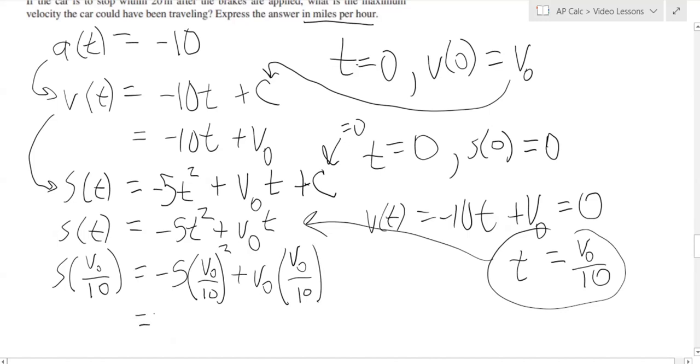Okay, so this is going to equal negative 5v naught squared over 100 plus v naught squared over 10. Now we can add these together because they're both v naught squareds. And if we did that, you would end up with v naught squared over 20.